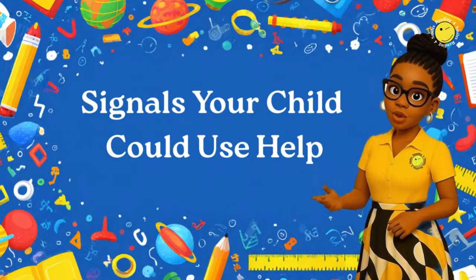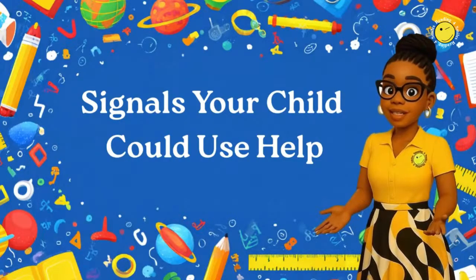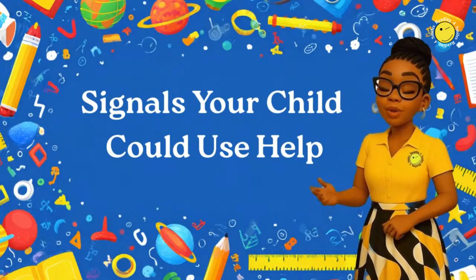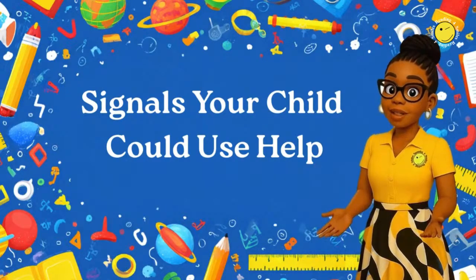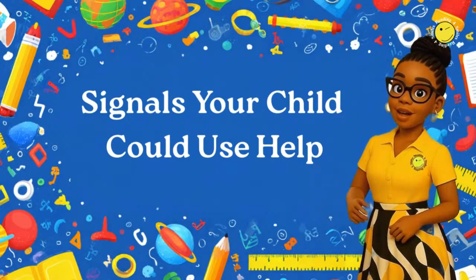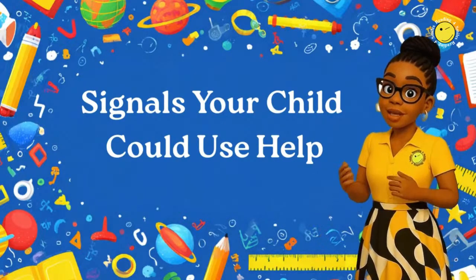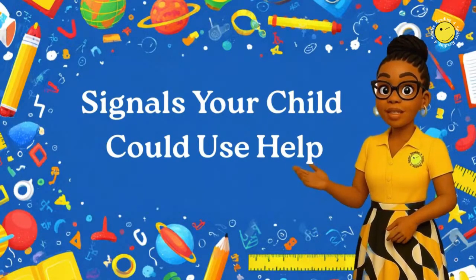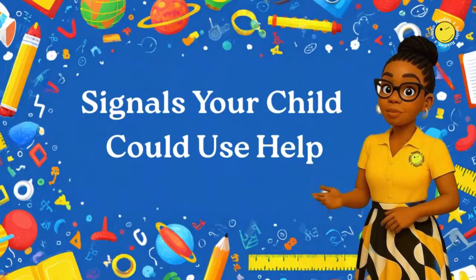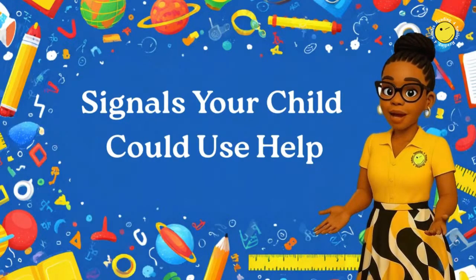Two, struggles to write more than a few word sentences. Three, has a hard time using new or big kid vocabulary words. Next, doesn't pause to check for understanding or skips confusing parts.